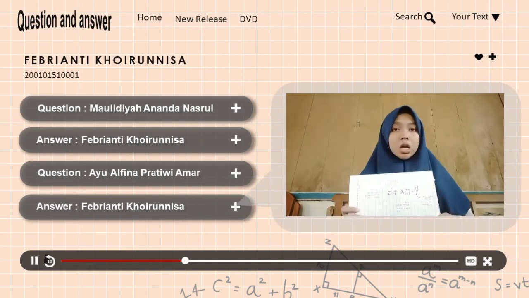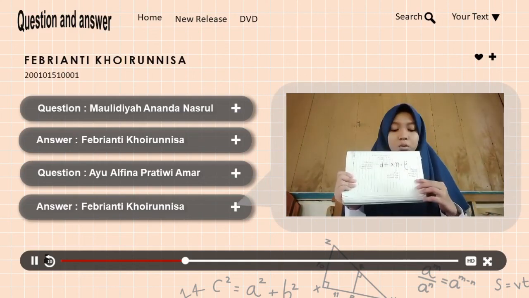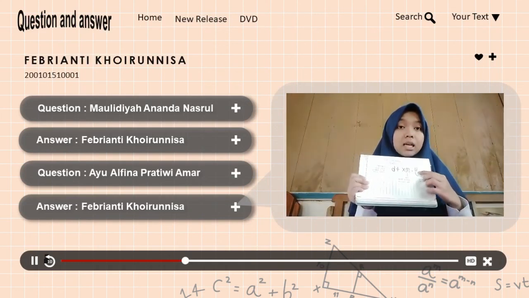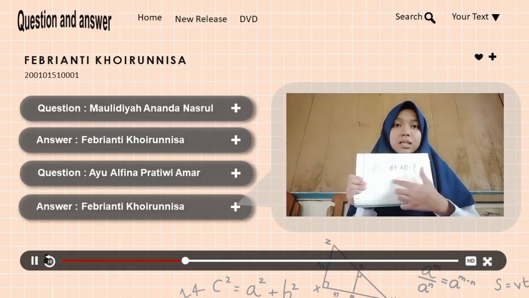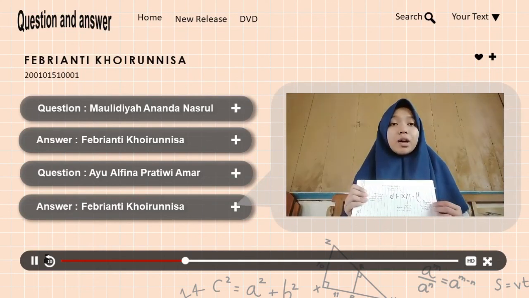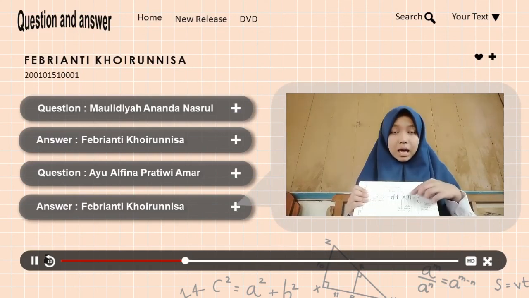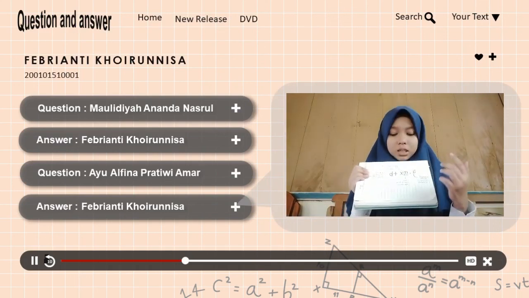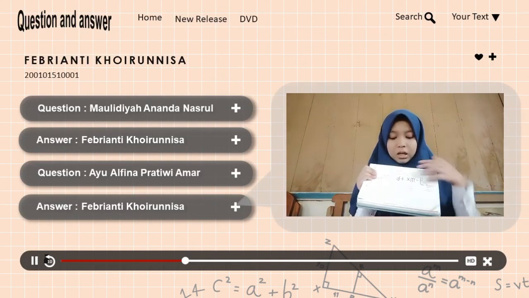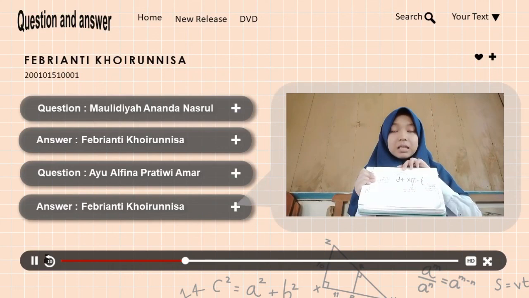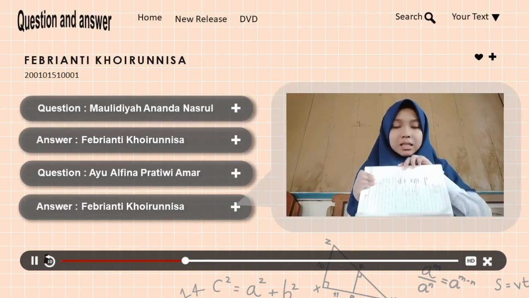And the answer: the form of the slope-intercept equation is y equals mx plus b, where y is the dependent variable, and it's also our y coordinate. m is the slope, the rate of change, rise over run. x is the independent variable, and it's also our x coordinate.